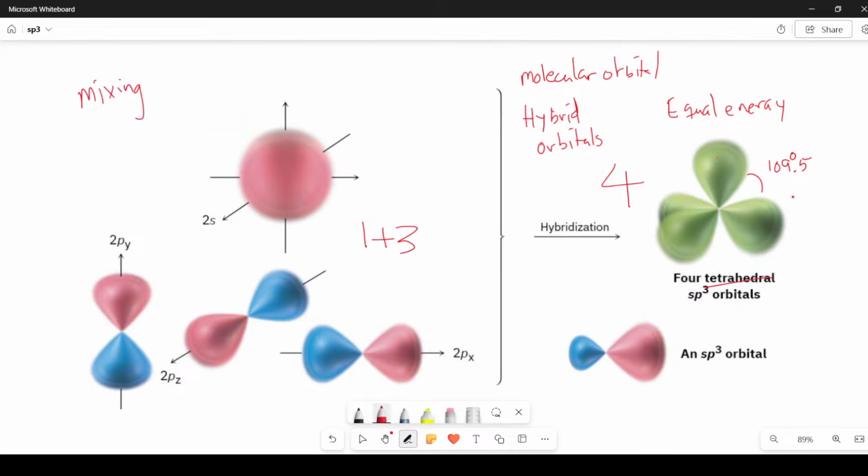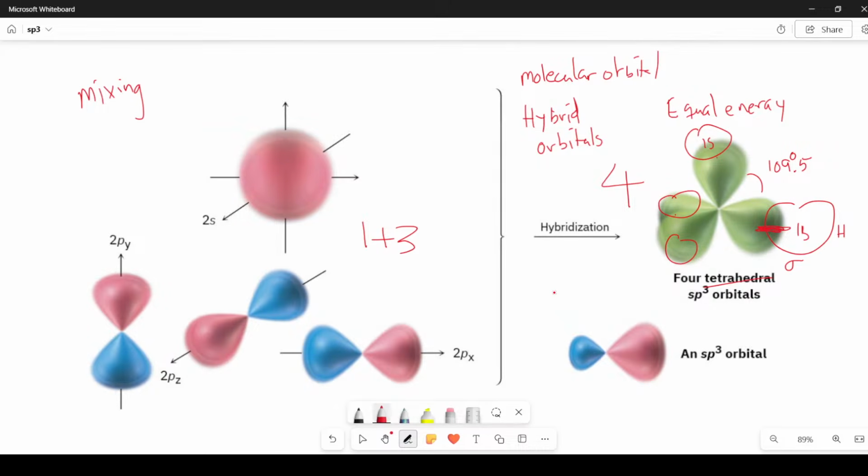For example, here this can make an sp3-1s overlap, which is a sigma bond with hydrogen. Another hydrogen can come here with 1s, and 1s, and 1s. So there are 4.